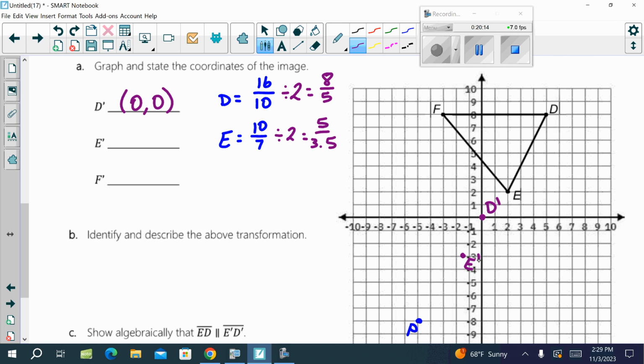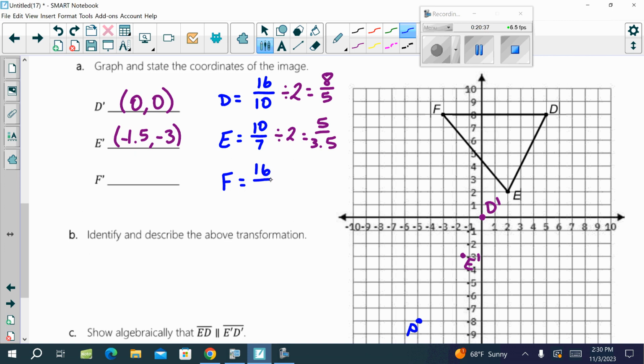So then our ordered pair would be what? Where is E prime at? Good. Negative 1.5, negative 3. It's okay to have decimals. All right, now we got to do F. How much do we go up for F? 16.